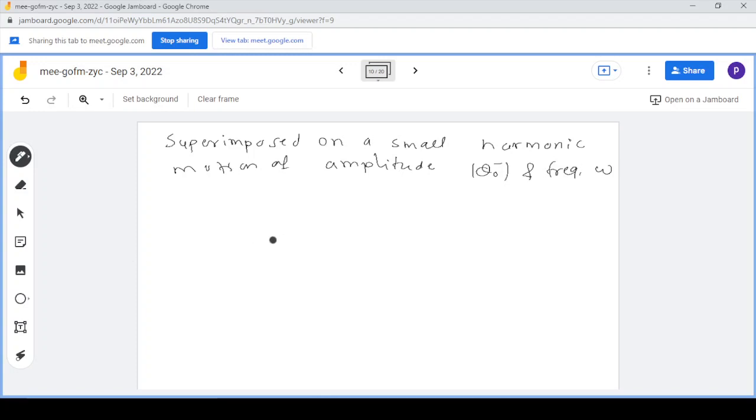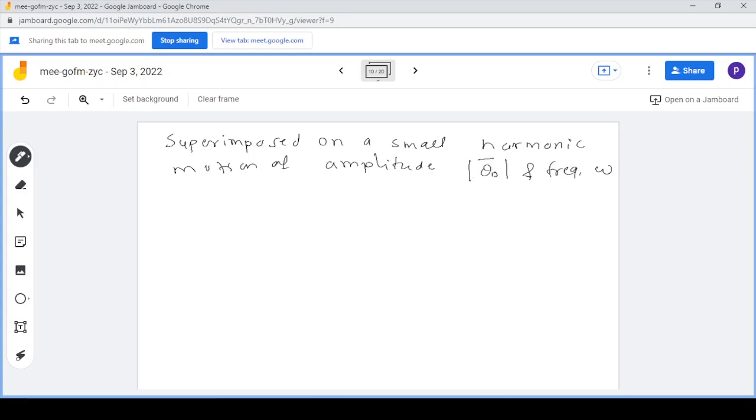So we assume a small amplitude of motion for the pendulum, theta 0 bar. What we have to consider here is a small angular displacement for the pendulum, theta 0 mod.